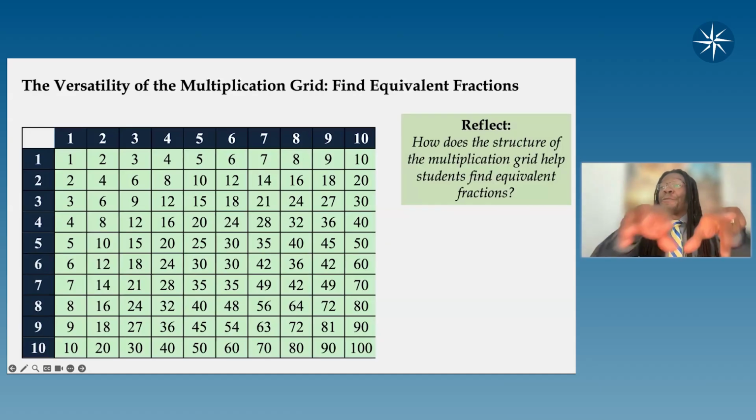How does the structure of this multiplication grid help us to find equivalent fractions? Look at it carefully. You can see the patterns in there. Look at it, reflect on it, and tell me. Anyone see the patterns? If you see the patterns, type 1. For equivalent fractions, they're right in there.